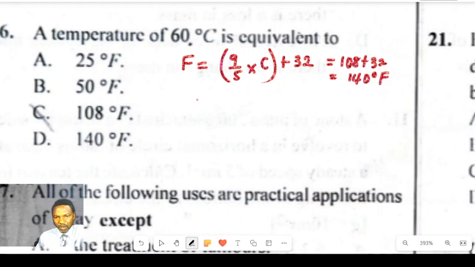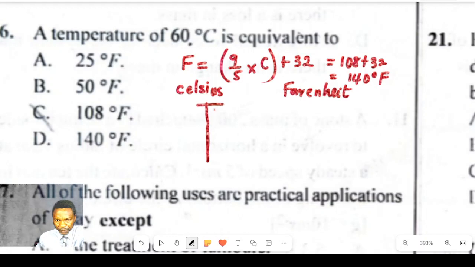But we can also use the principle of fundamental interval. So let's look at the Celsius thermometer and then the Fahrenheit thermometer. What is the upper fixed point? 100 degrees. Then the lower fixed point is 0. And the temperature we are looking at is 60 degrees Celsius.